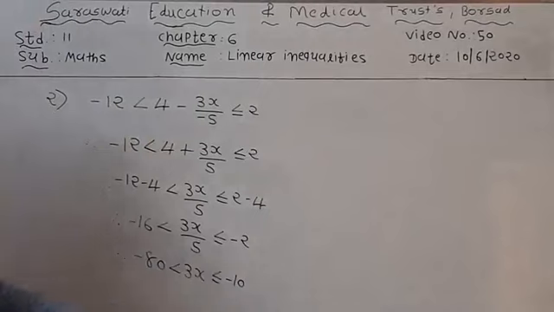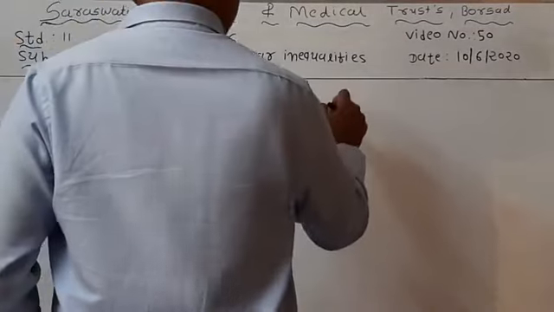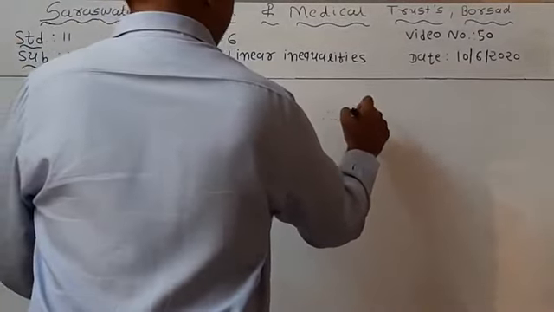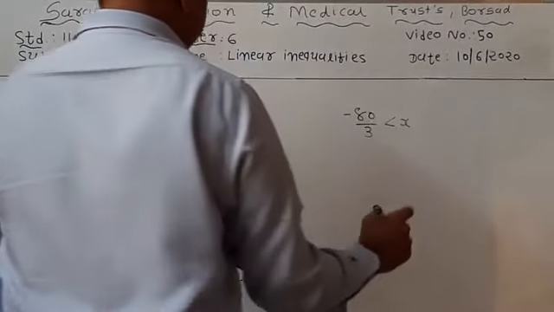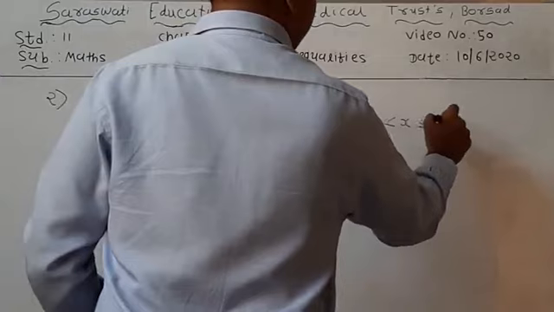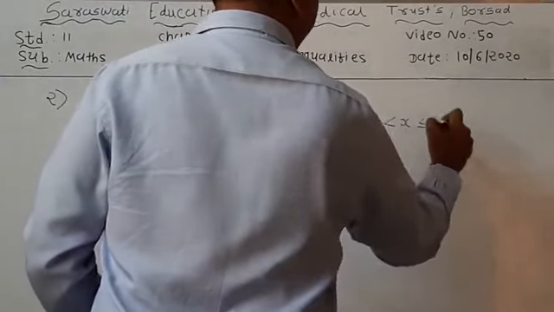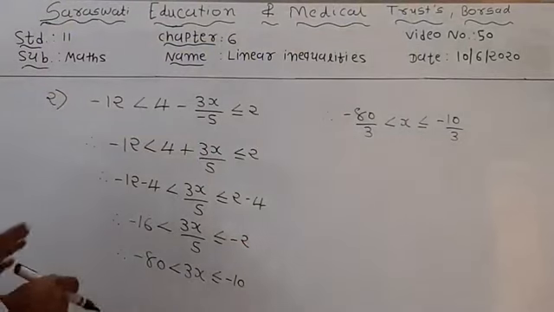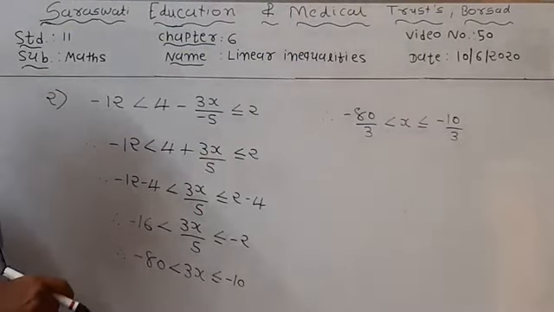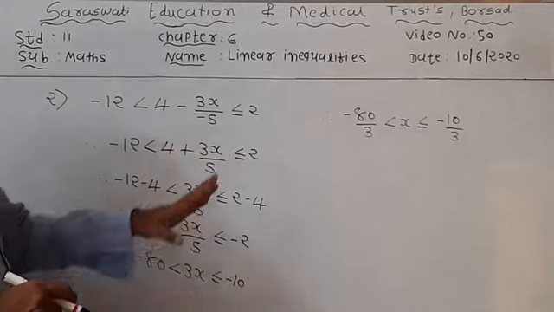Now divide by 3 on both sides. So minus 80 divided by 3 less than x less than or equal to minus 10 divided by 3. So our final answer is minus 80 by 3 less than x less than or equal to minus 10 by 3.